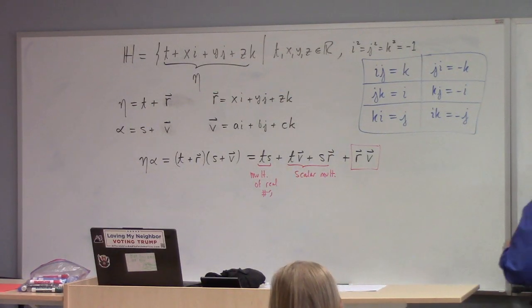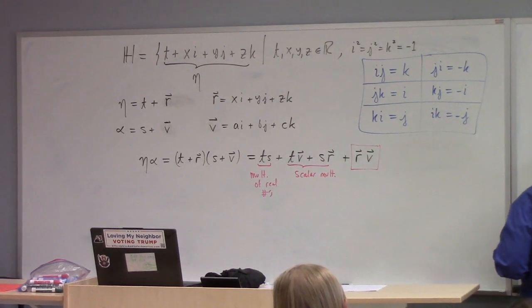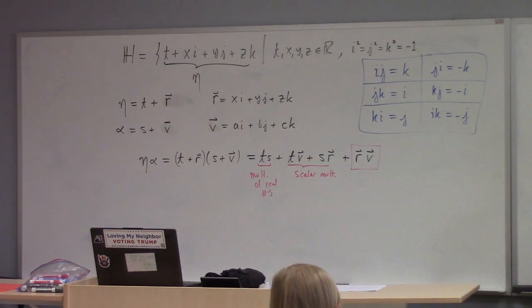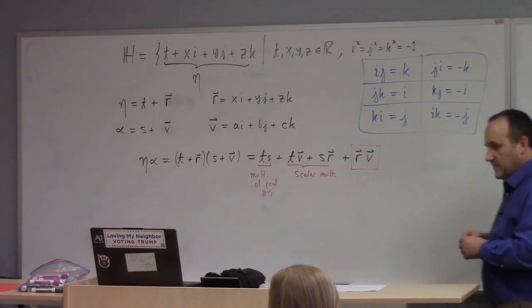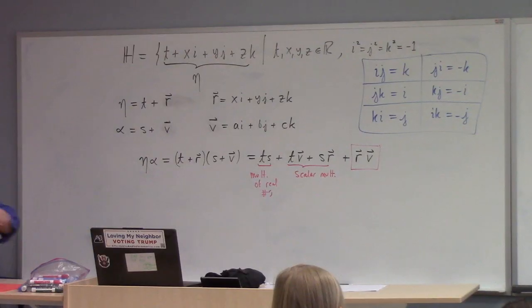Okay, so RV, in other words, (xi + yj + zk) times (ai + bj + ck). The way this quaternion multiplication works, guys, is just like complex number multiplication: the usual distribution laws.